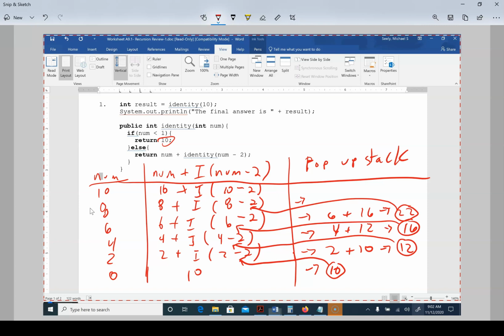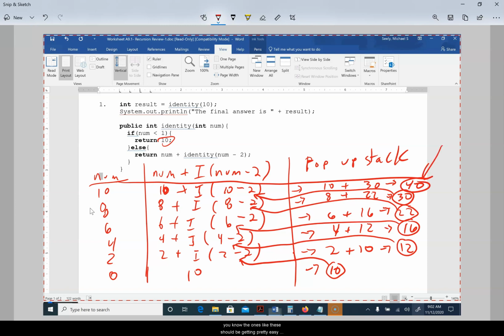So we got 8 plus 22 is 30. And 30 gets put into there. So we got, this is a 10, not a 16. So we got 10 plus 30 is 40. So 40 is your final answer.